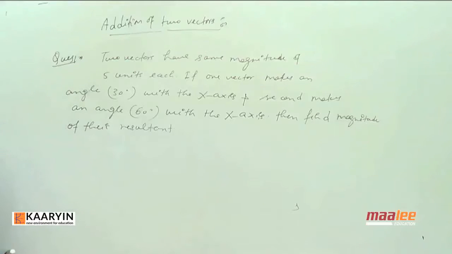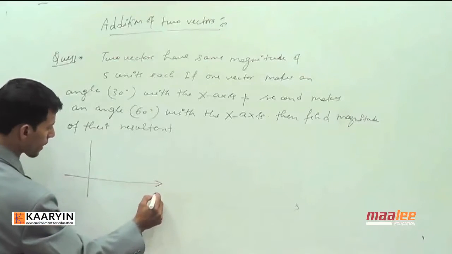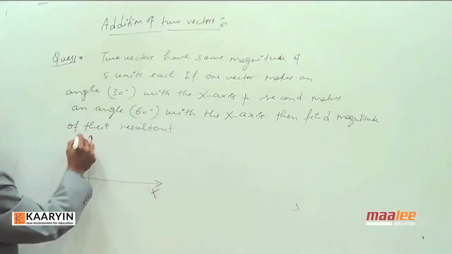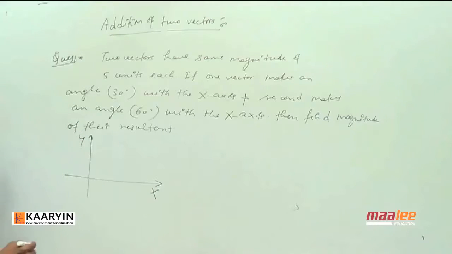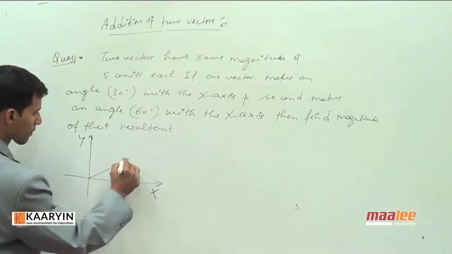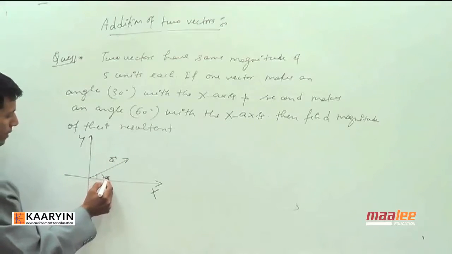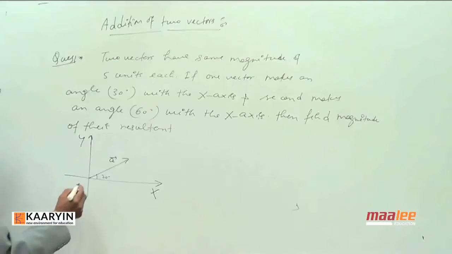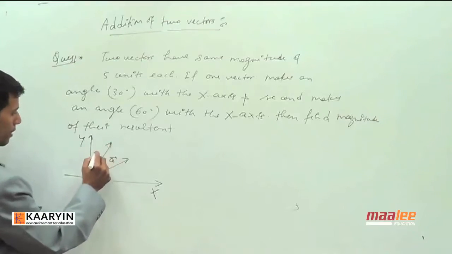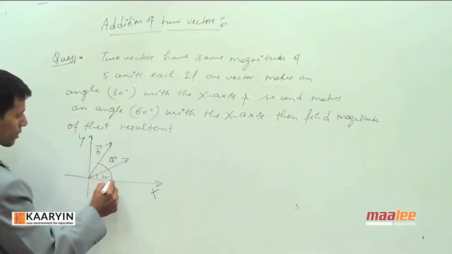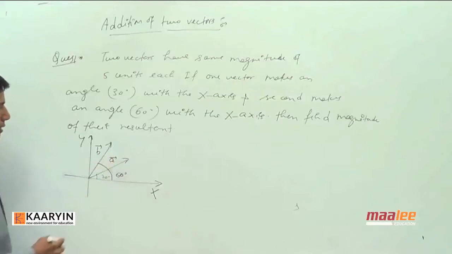Now you can see from here, suppose we take the x-axis here and the y-axis here. One vector, let me call it A, is making an angle of 30. The second vector, let me say B, is making an angle of 60 with the x-axis.